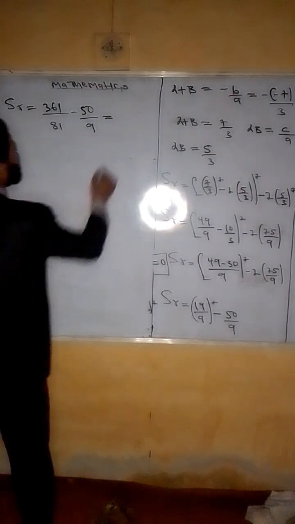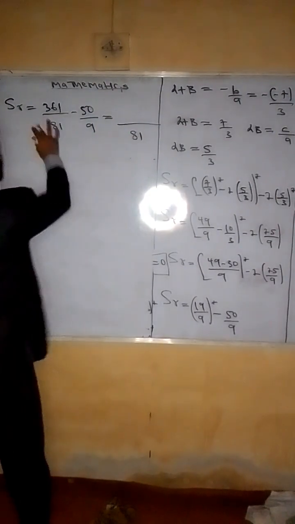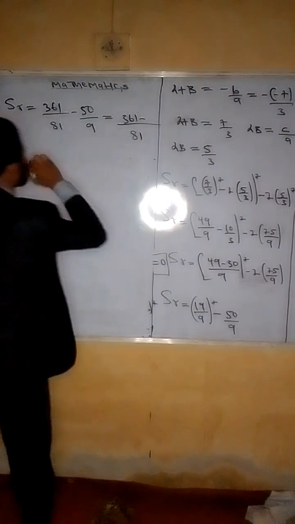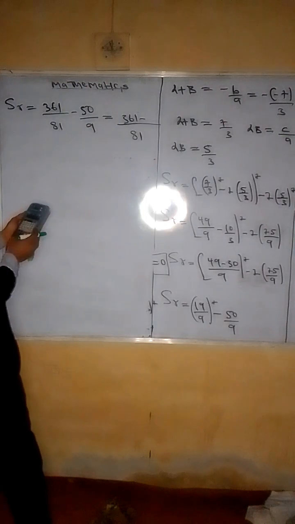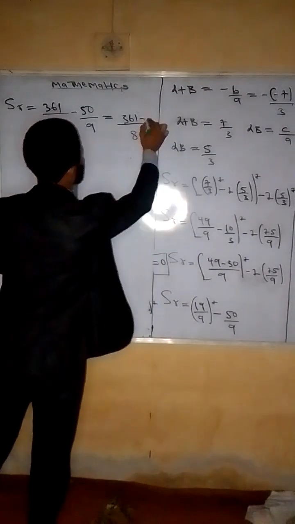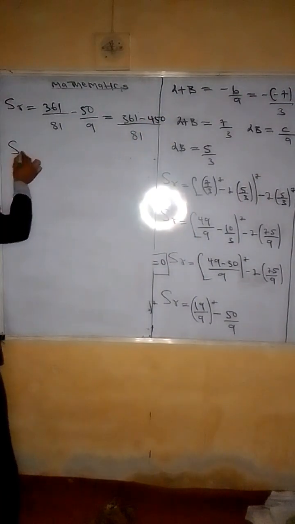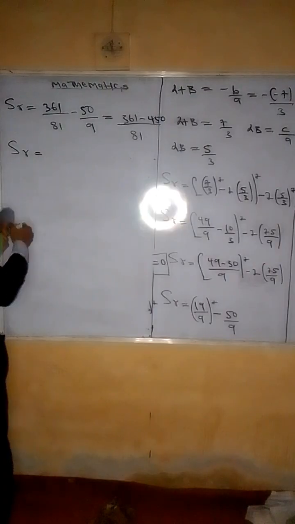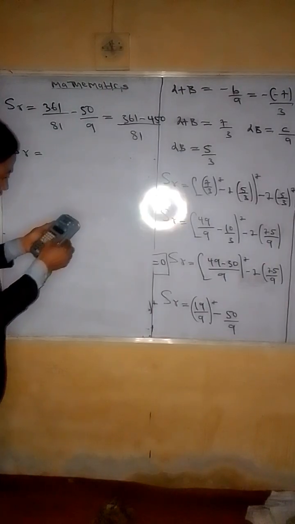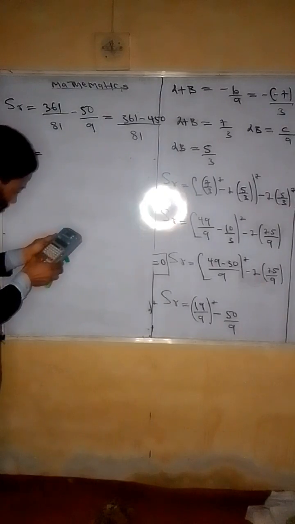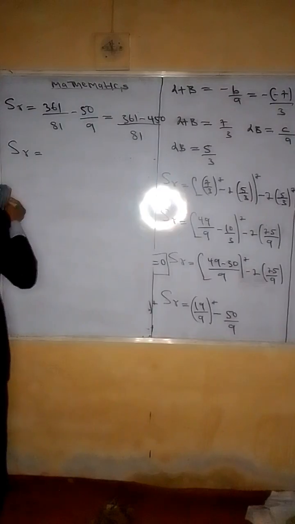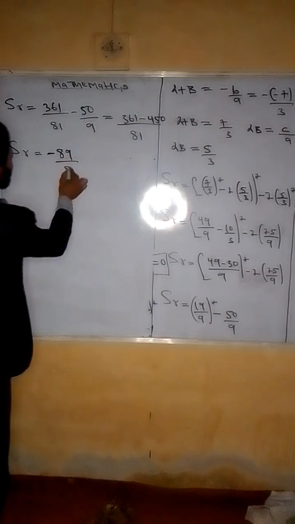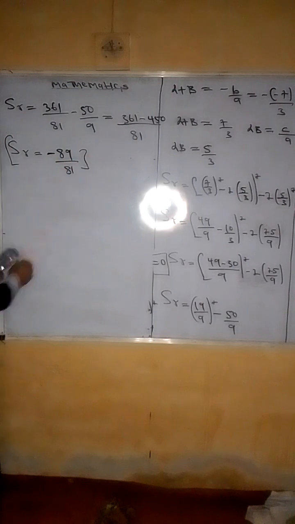So our LCM is 81. 81 into 81, 361 minus, 81 into 9 is 9, 9 times 50 is 450. So the sum of the roots will give me 361 minus 450, which is minus 89 over 81. So ladies and gentlemen, this is the sum of the roots, but we are not done with the question yet.